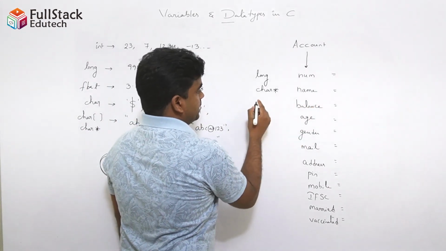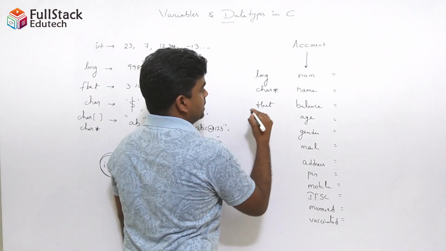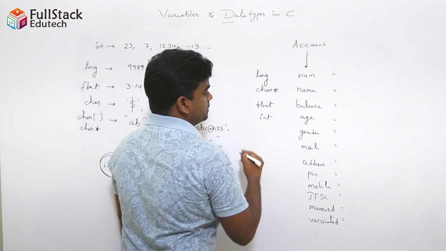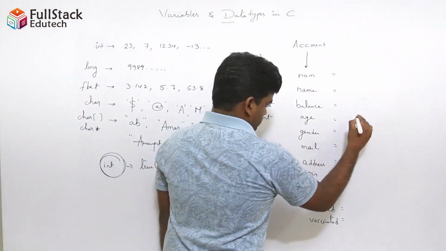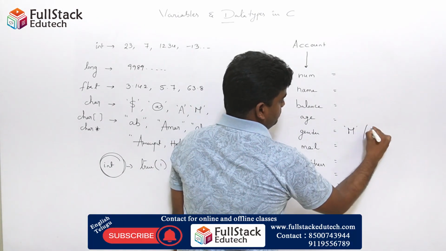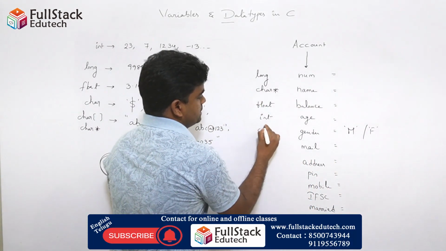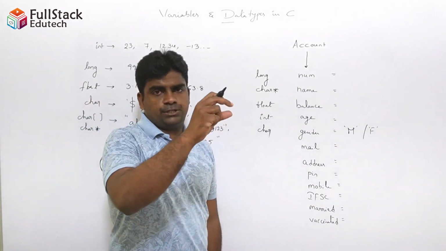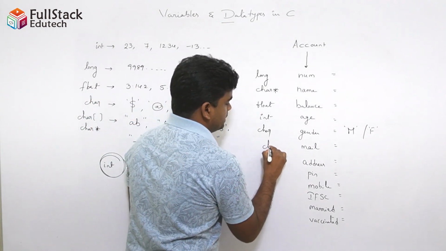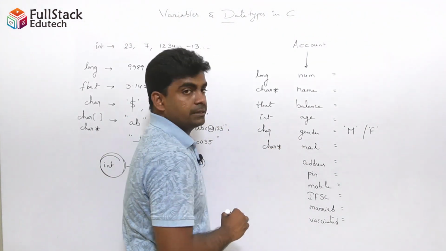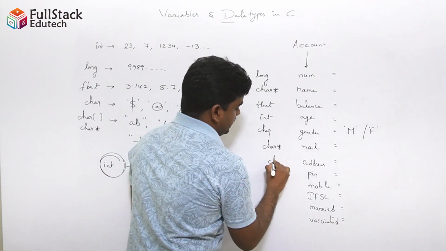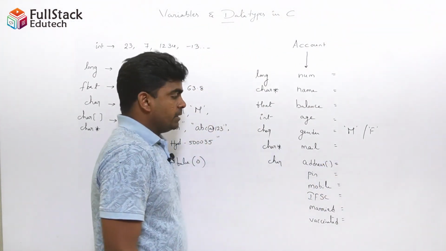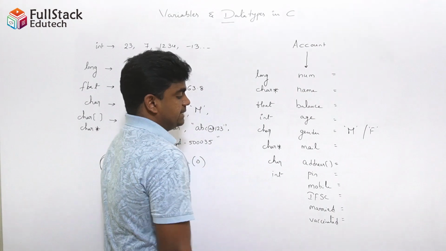Next one, balance is a float because decimals are there. Age is a small integer value, so int. Gender, like male or female, is only a single character, so you represent it with a char. Mail ID is a collection of characters, so we can represent it with a character array or character pointer. Pin number, like 1 2 3 4, is an integer.